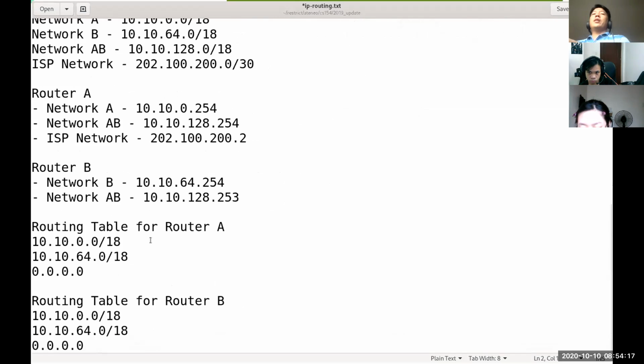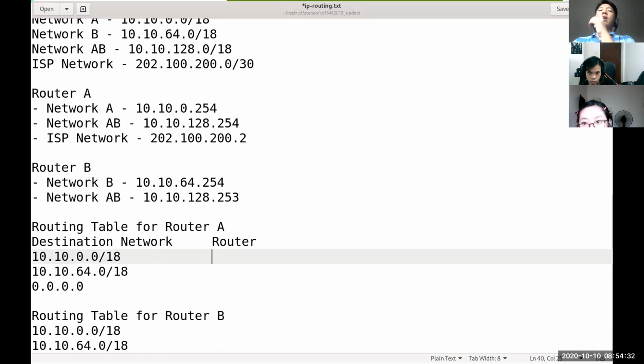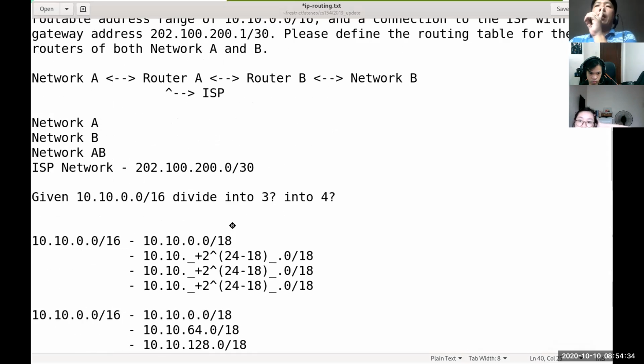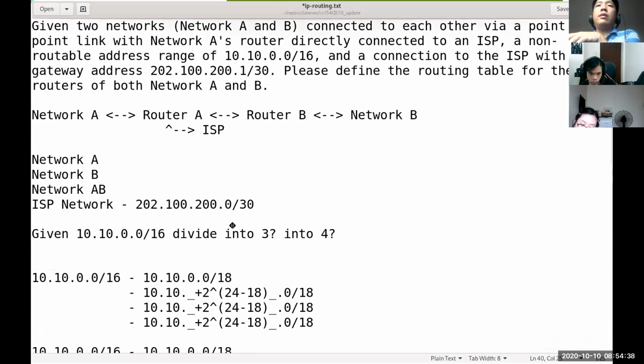Okay. So this is my destination network, and of course the format of a routing table is destination network, then router, right? So what is the router you send to? If I am in router A and I want to go to 10.10.0.0/18, so if I'm router A and I want to go to network A, where do I send the packet?